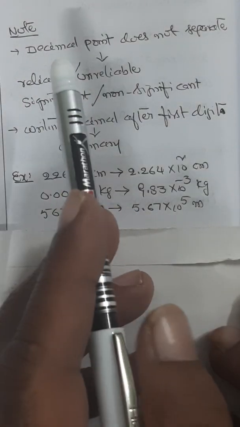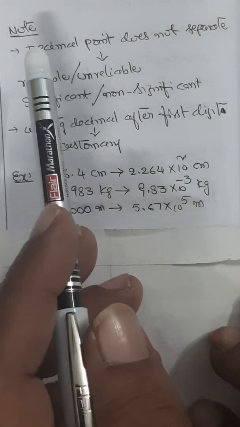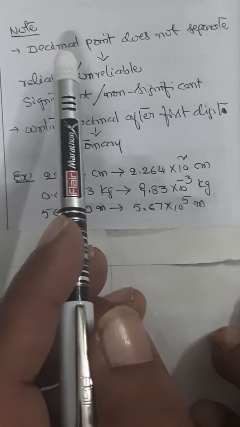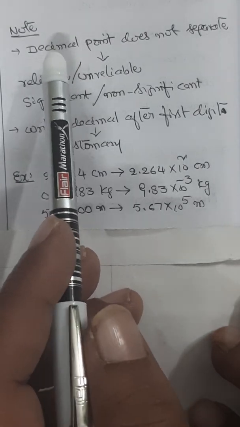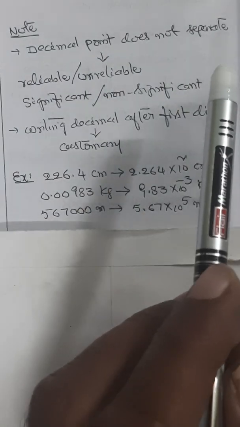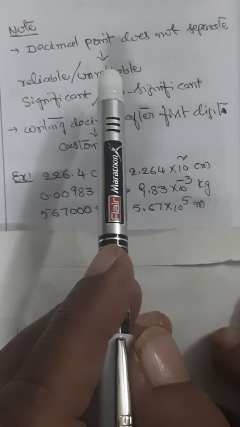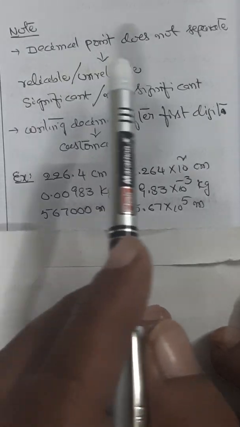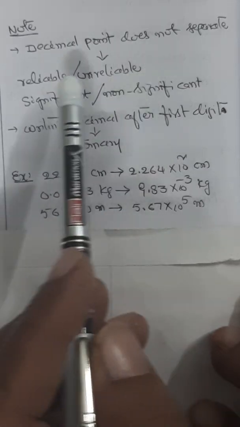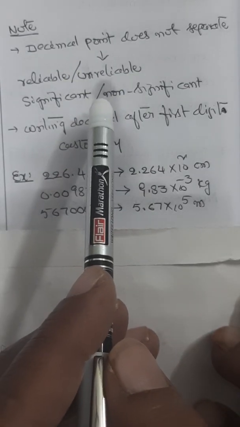Here we have to understand a very important note. We have to note that the decimal point does not separate the reliable and unreliable digits, or significant and non-significant digits. That means it's not the decimal point that separates these things.